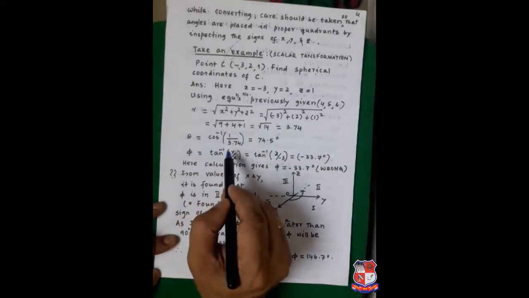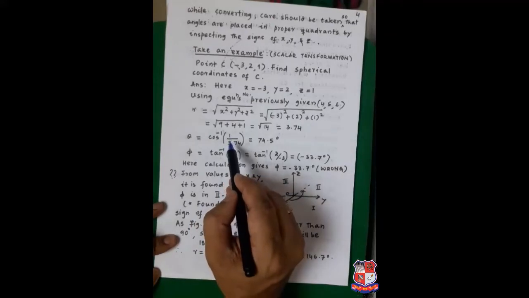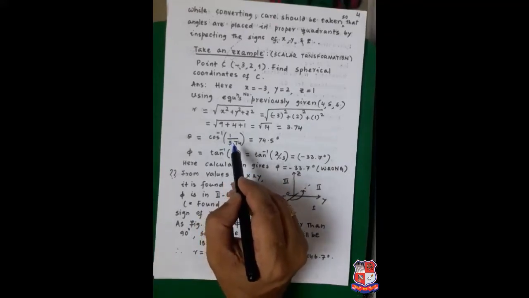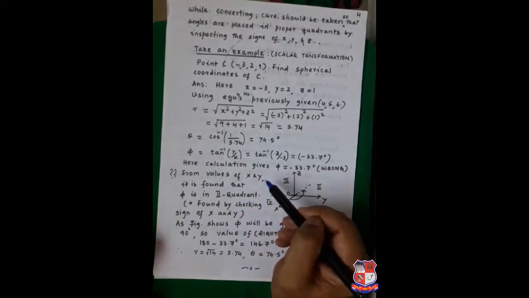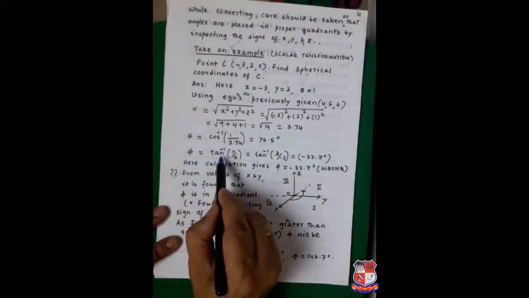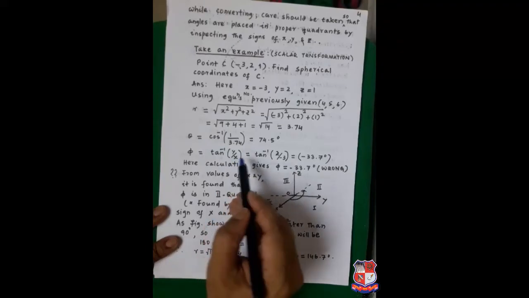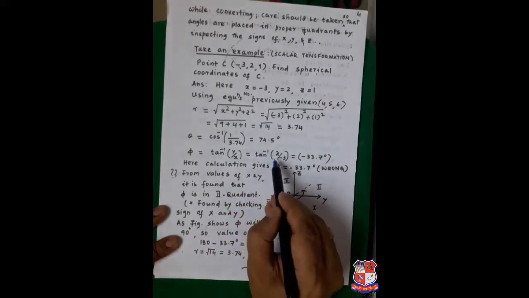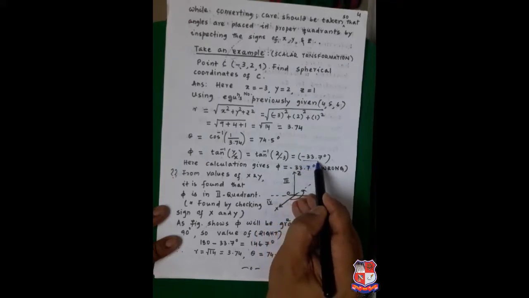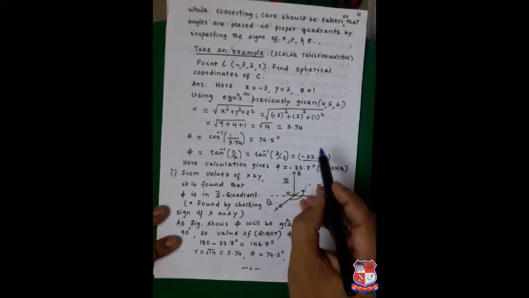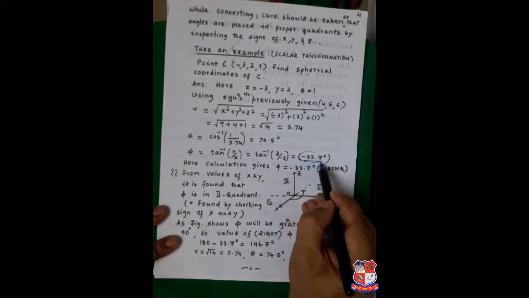Theta is cos inverse z upon r, so that gives you 74.5 degrees. Phi, the equation is tan inverse y upon x. When putting y as 2 and x as -3, it comes to minus 33.7. But this answer is actually not correct.